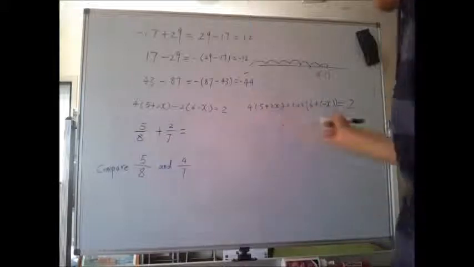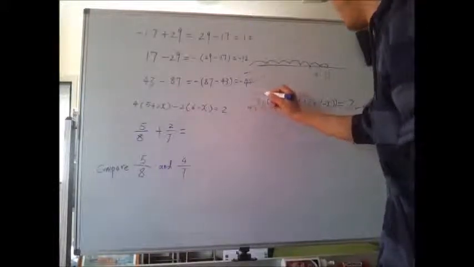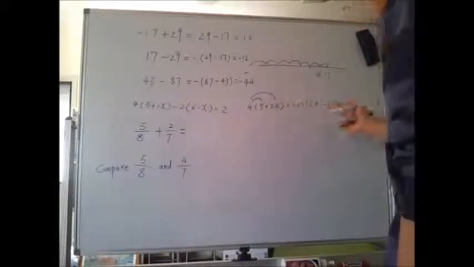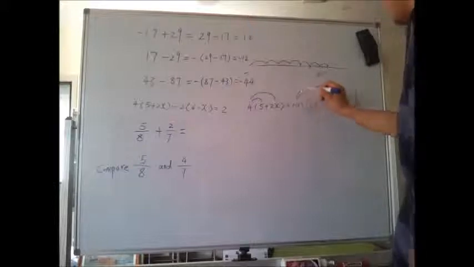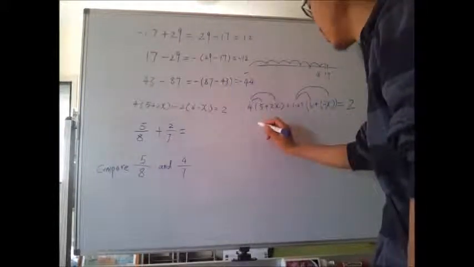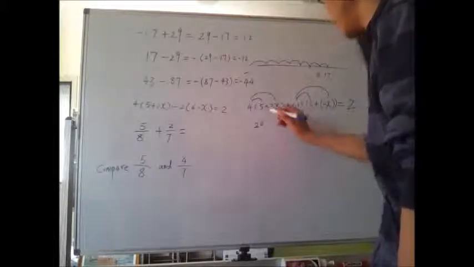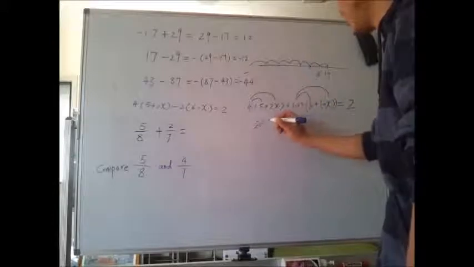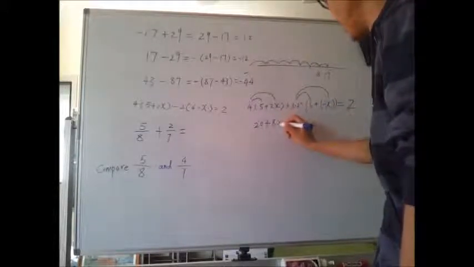And now let's open the bracket. 4 times 5 and 4 times 2x. For the second bracket, we have negative 2 times 6 and negative 2 times negative x. So now we are ready. 4 times 5 gives us 20. 4 times 2x gives us 8x.